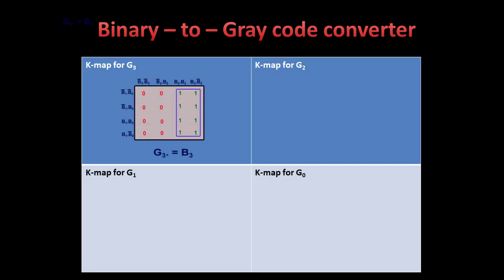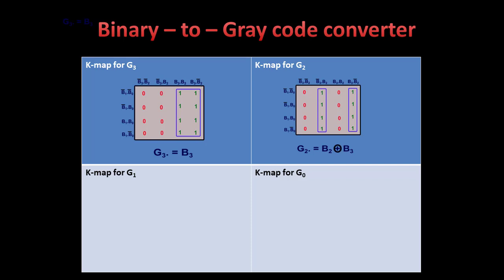Then in order to design this, we need 4 K-maps, because there are 4 outputs. One is for G3, so we draw the K-map for the G3 output, and we get this. For G2 we get this part. I have shared the link for the PDF, where it is given how we get this particular equation.